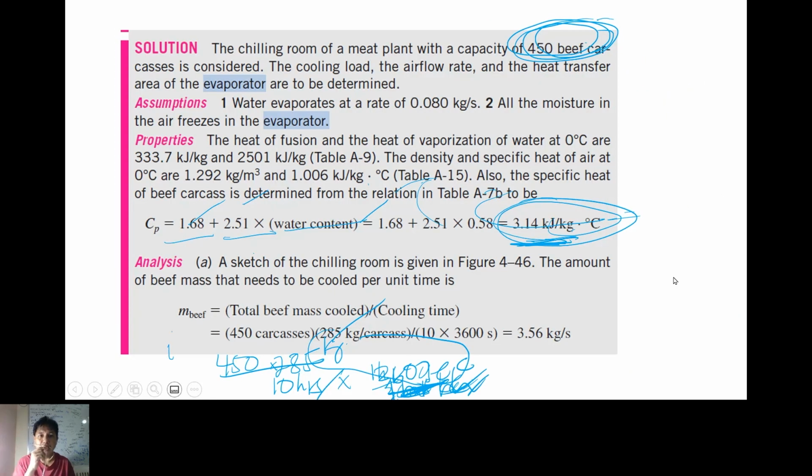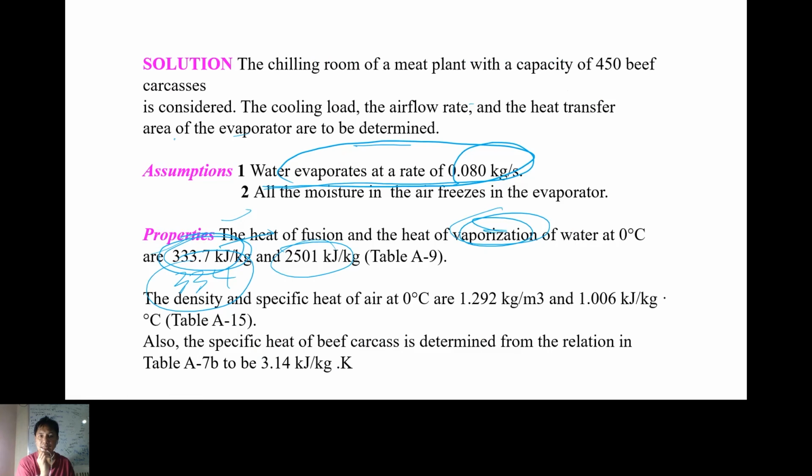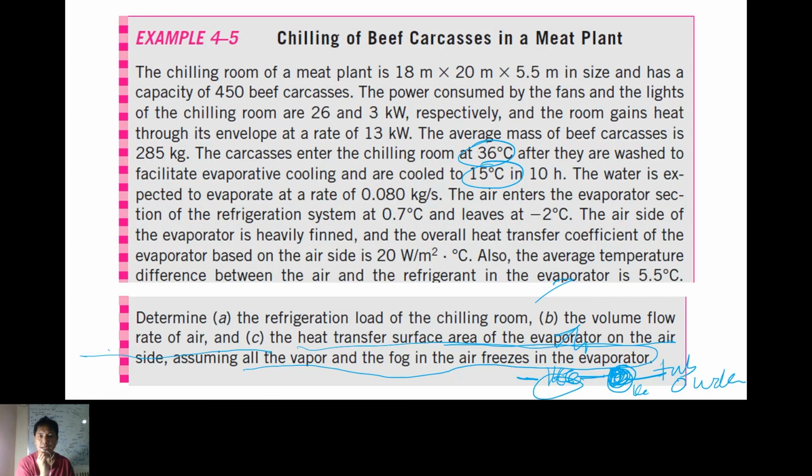Kailangan natin ng delta T para makuha natin yung area na papasukan ng hangin, para makasalamuhan niya yung mga evaporator tubes.